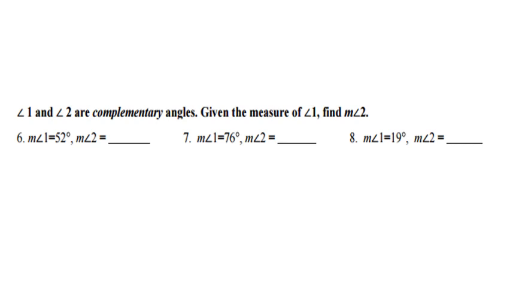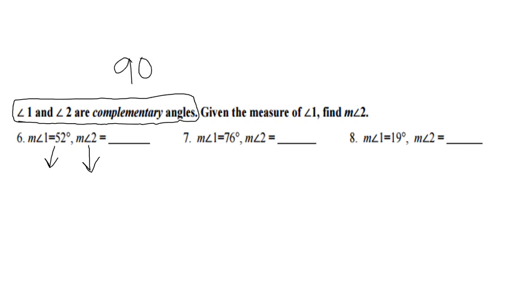So if they tell you that the angles are complementary and they give you one of them, they want you to find the other. And I like to think of this as a money situation. Okay, so let's assume that you have $90 to spend. I know that that might not be the case. I don't have $90 right now, but pretend that the degrees are money.